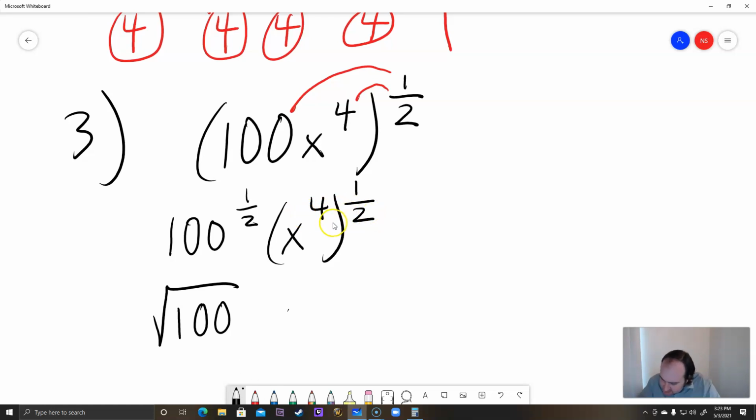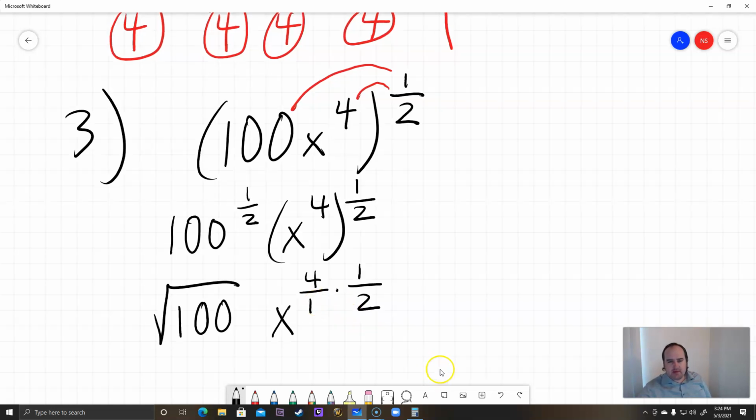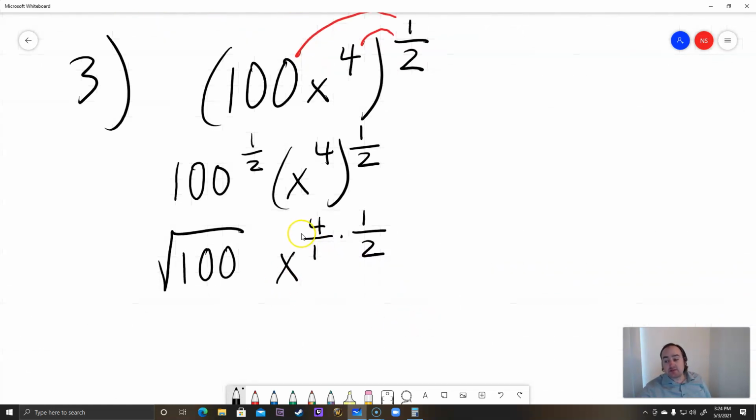So this is going to be the same as x to the 4/1 times 1/2, because remember, if you're raising an exponent to another power, you multiply the exponents. And 4 is the same as 4/1. And then how do you multiply fractions? Straight across. So here, we're going to have x to the 4/2.